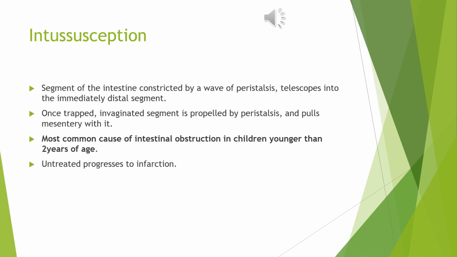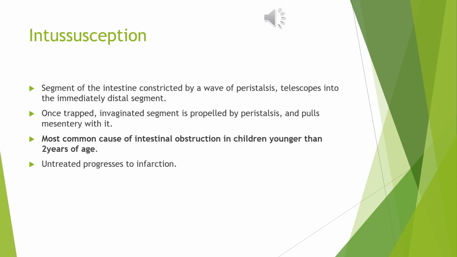So what is intussusception? Intussusception is the most common cause of intestinal obstruction in children under the age of 2. It happens when a segment of the bowel that is constricted by a wave of peristalsis telescopes or enters into an immediately distal segment that is wider in its diameter.